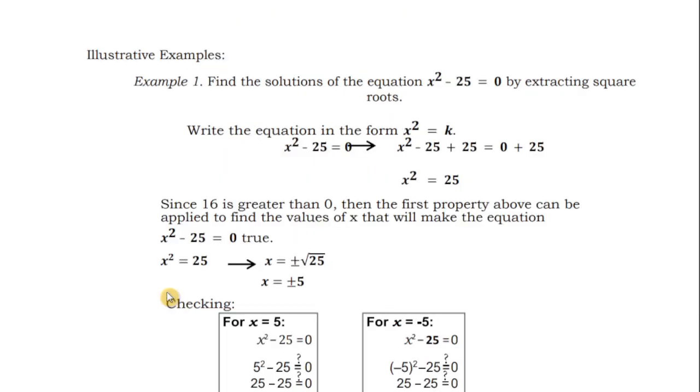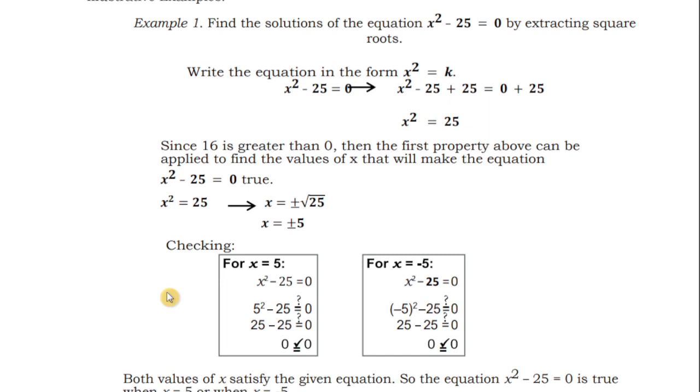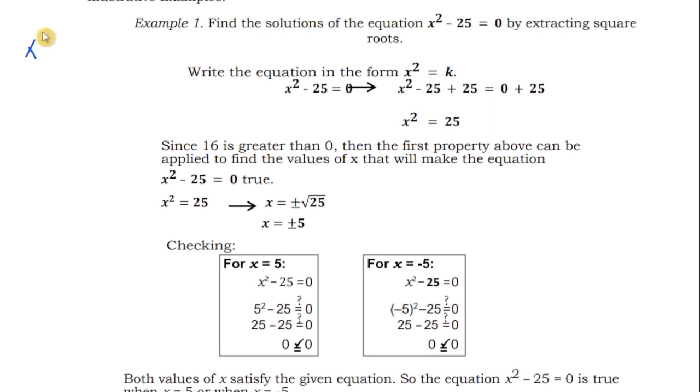For instance, find the solution set of x squared minus 25 equals 0. The left side of the equation must be x squared, so if we transpose the negative 25 to the other side, it becomes positive 25. Then we extract the square root, since x squared has a degree of 2.